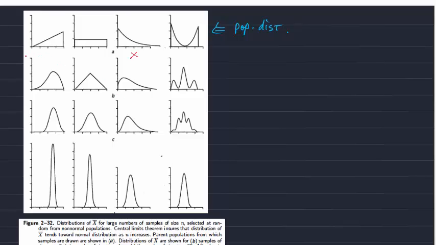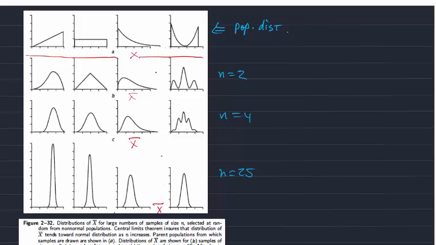And the plots below show the distributions of X bar for different size samples. So here's N equals 2, N equals 4, and N equals 25. And again, each of these axes represents the distribution of X bar.